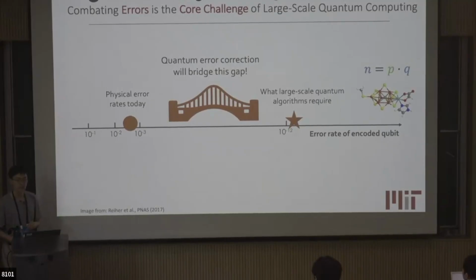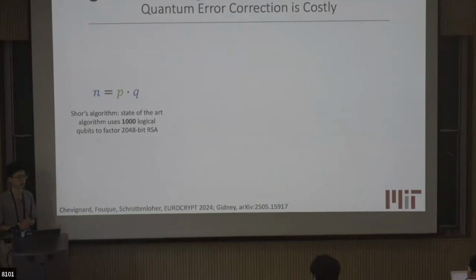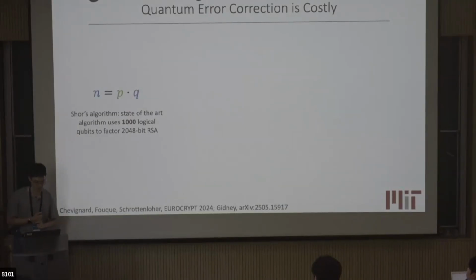However, despite the need for this, this still remains one of the major bottlenecks when we think about the resources we need. For example, if you look at the state-of-the-art algorithms used for factoring, say, 2048-bit RSA, one of the standard applications that a lot of people like to look at, the actual algorithmic qubits is on the order of maybe 1,000 or so.